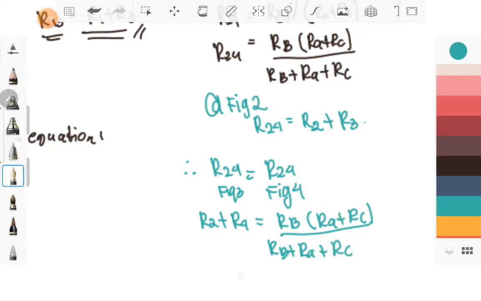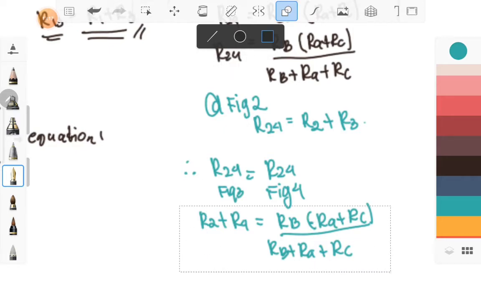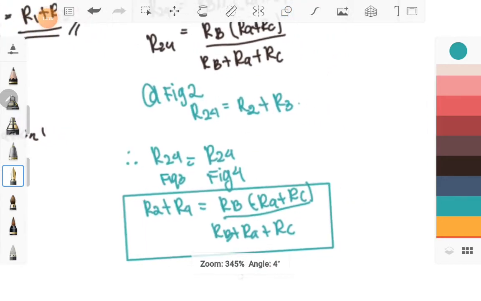Okay? This will be your equation 2. Okay? Equation 2. Take note that it is R23. Yeah.